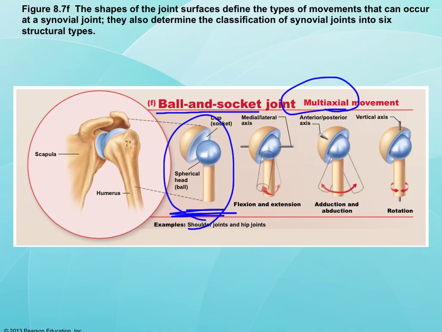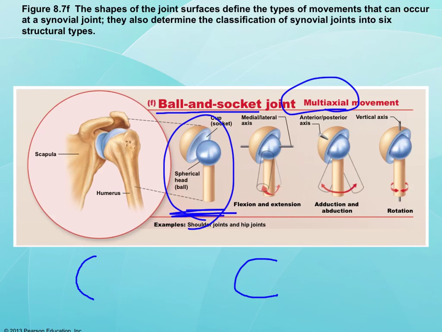Think about the hip and shoulder joints, which are the most freely movable joints in our body. Compare the shoulder and hip. Think about the bone structures. The glenoid cavity in the shoulder is much shallower compared to the acetabulum in the hip.